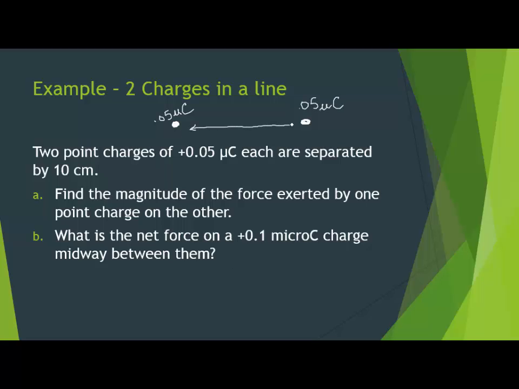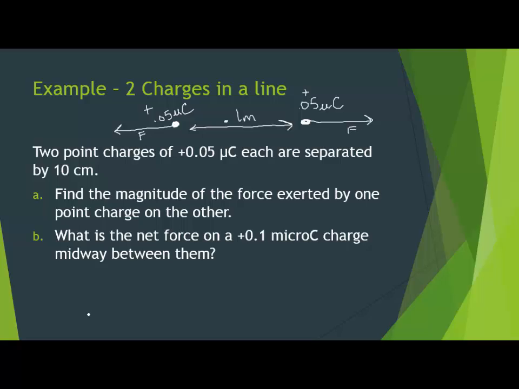They are separated by a distance of 10 centimeters, but we always want to make sure that we put this in meters. These are two positive charges, so they are going to experience a repulsive force. This guy is going to experience a push this way, and this would be my force vector. And this guy is going to experience a push this way. That would be my force vector.